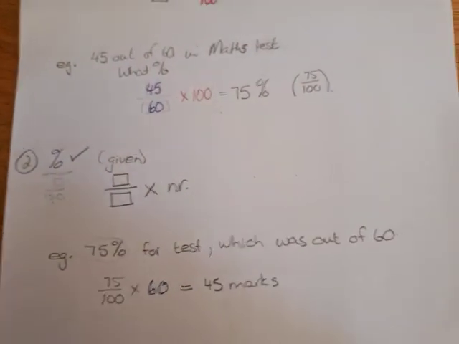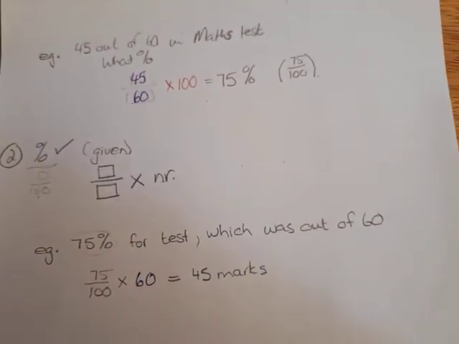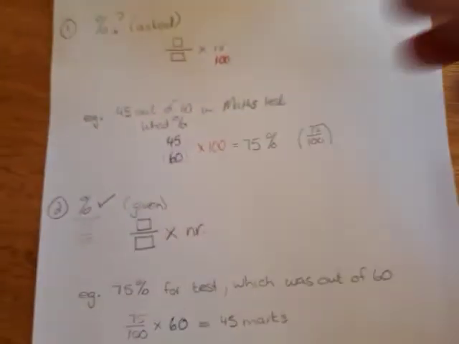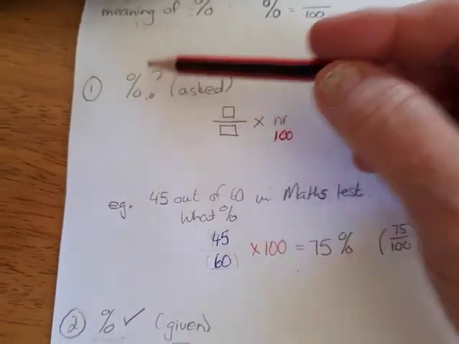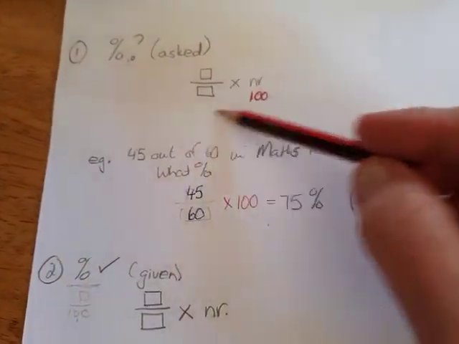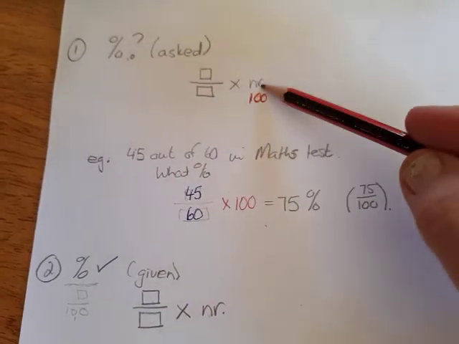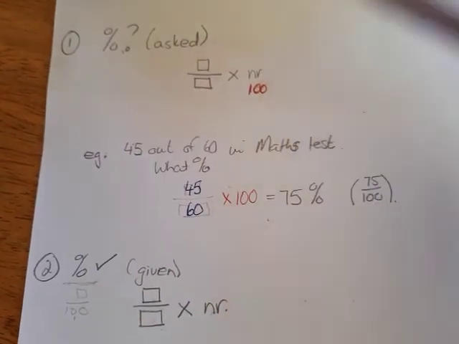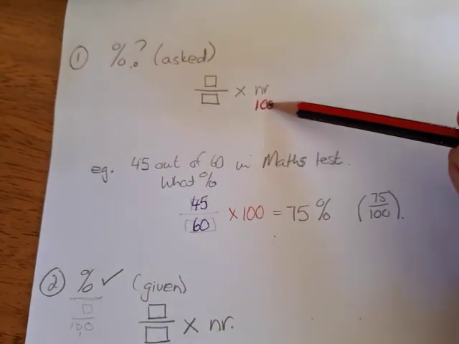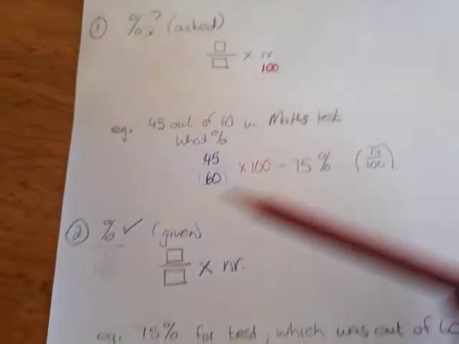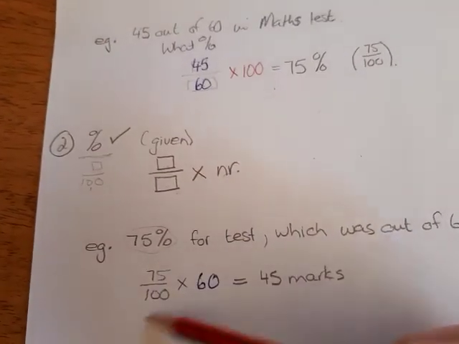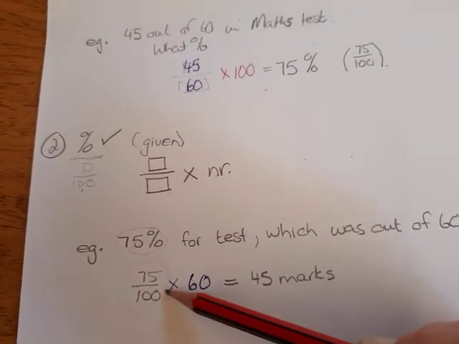And remember, I told you people that the first thing you do when you see percentages is you identify, is the percentage asked or is the percentage given? And from that, you know your number sentence is a fraction times a number. You must then remember that if the percentage is asked, you must multiply by 100. And if the percentage is given, then you must remember that the fraction is actually the percentage.